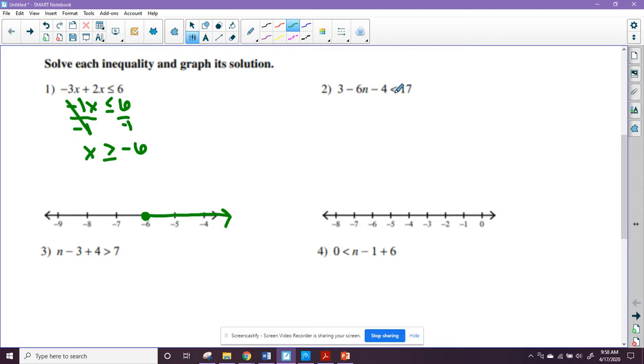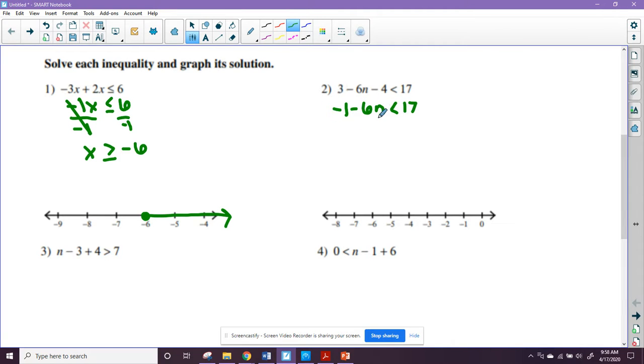Number 2. We do not have parentheses, so we go to combining like terms. So we have a 3 and a negative 4. So 3 minus 4 is negative 1, minus 6n is less than 17. So everything else stays the same.